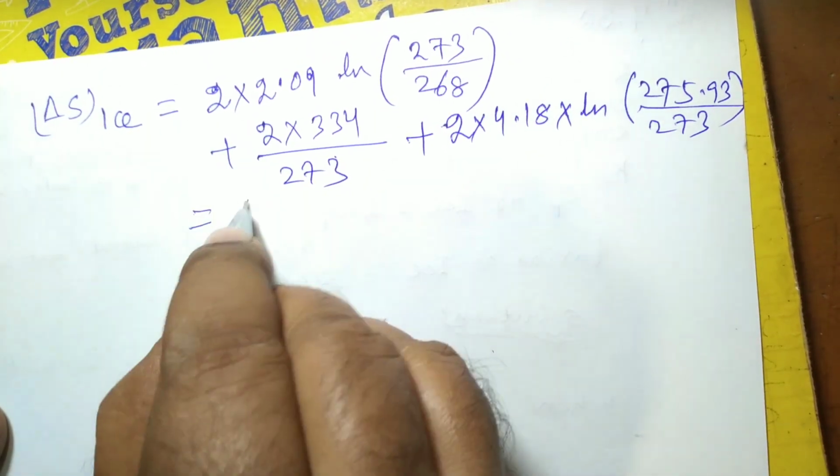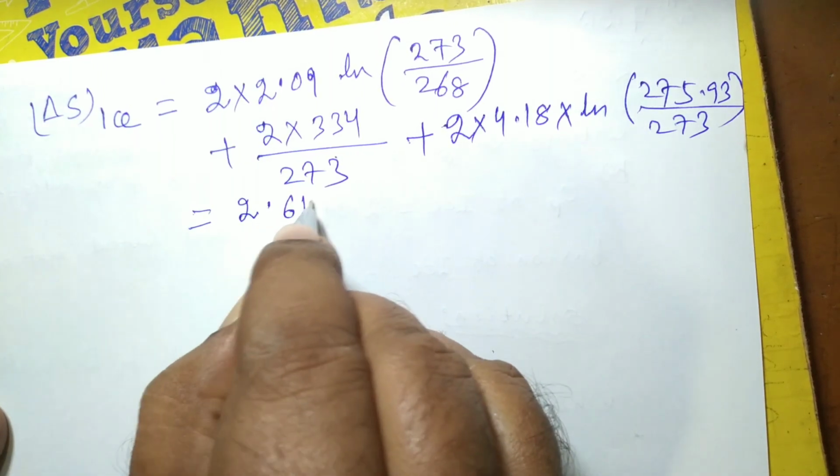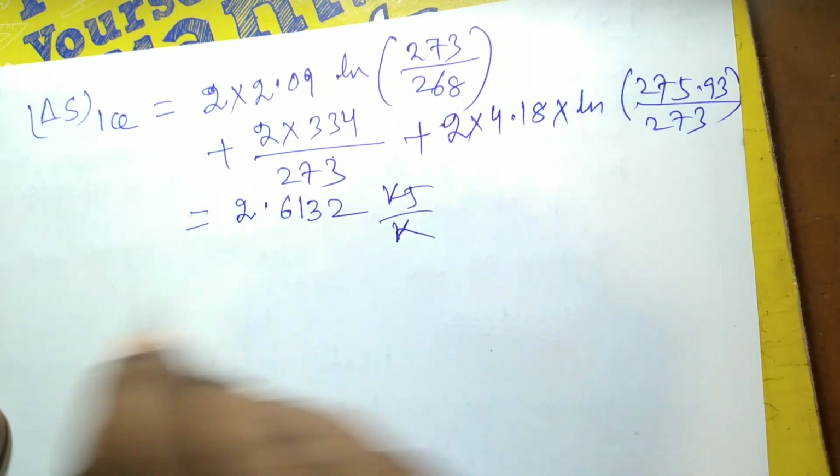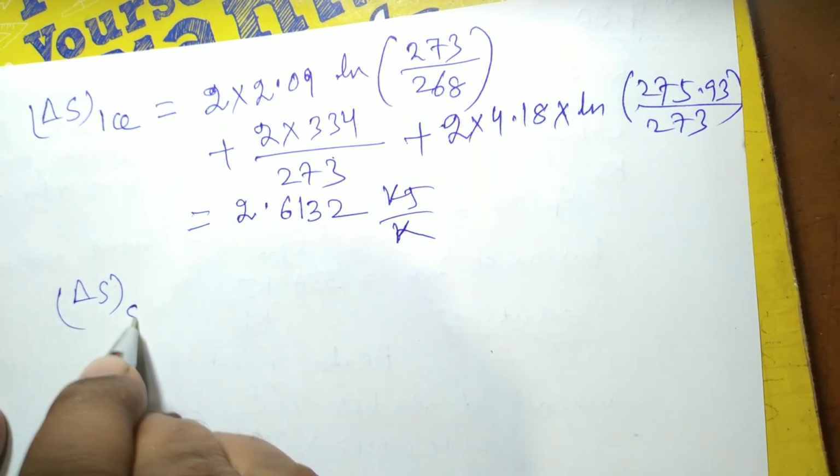This is equal to 2.6132 kilojoule per Kelvin.